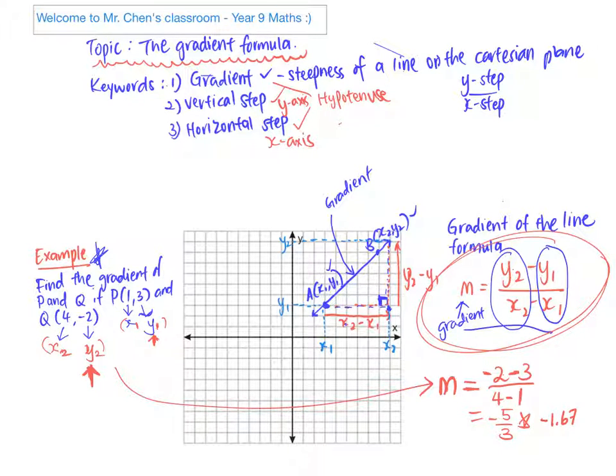Alright, so that's the gradient. And from the gradient we can tell that it is a negative gradient. That means the gradient is going downwards. A gradient that is going up is always positive, remember that, and a gradient that is going down is always negative. It doesn't matter which quadrant it is in.